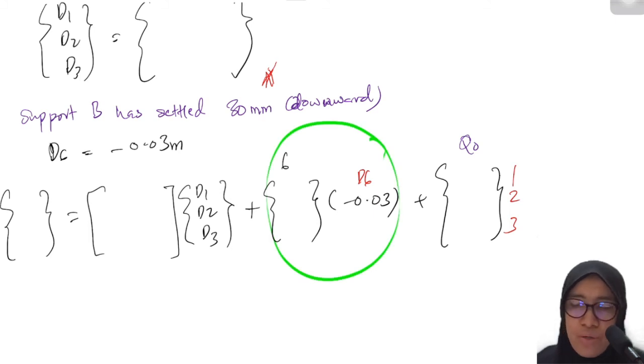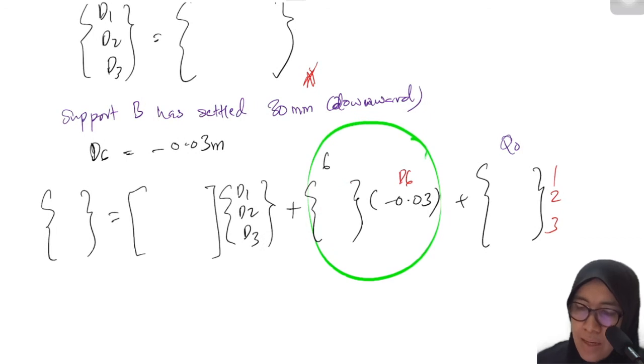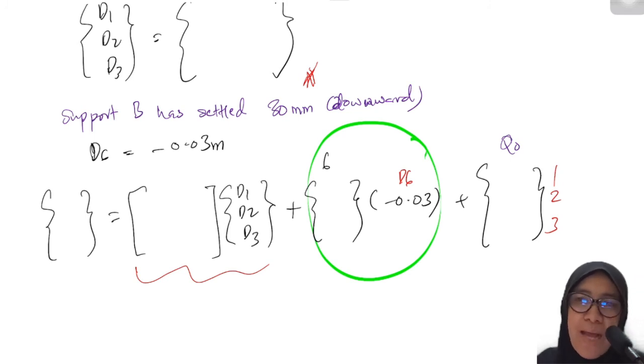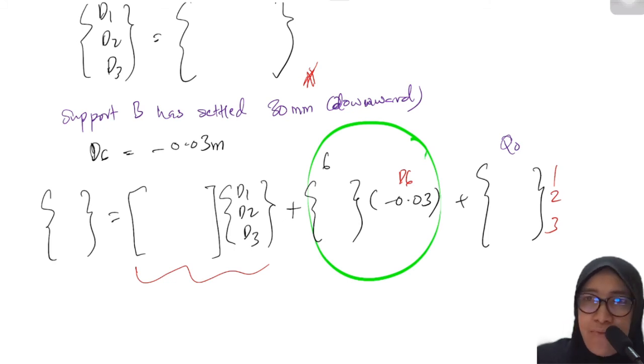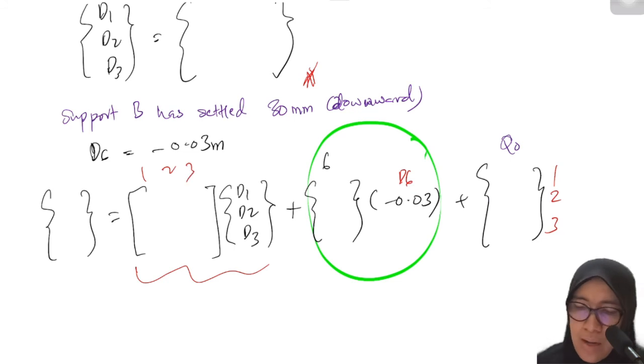Alright. So why do we need to differentiate like this? Because in the first phase here, D1, D2 and D3 are unknown, and we need to calculate D1, D2, D3 as the output in this analysis. So we calculate them with K from 1,1 until 3,3.